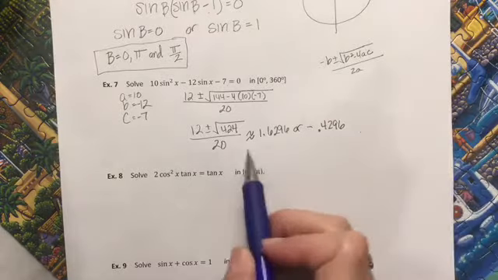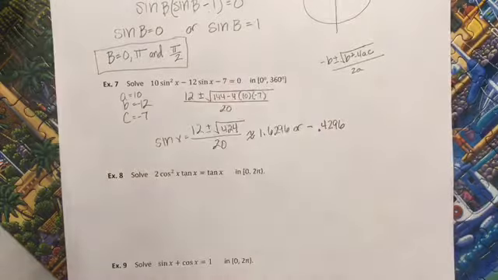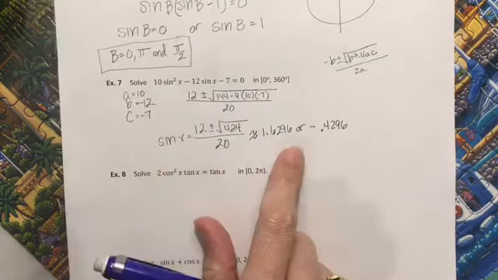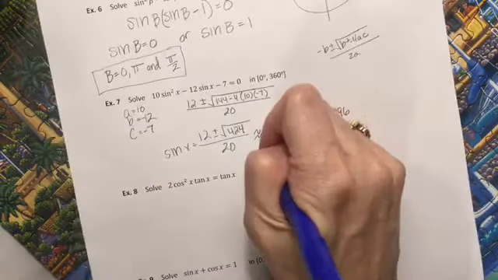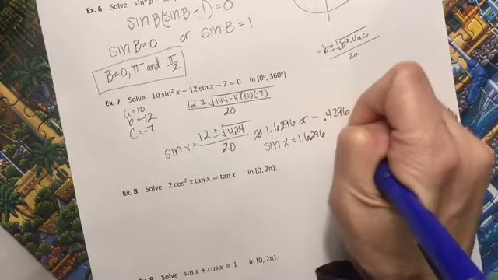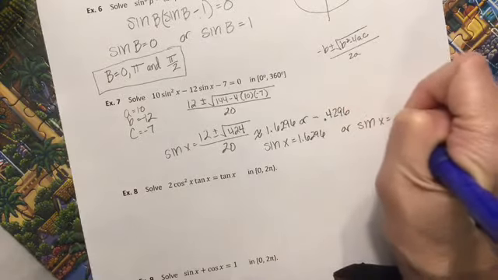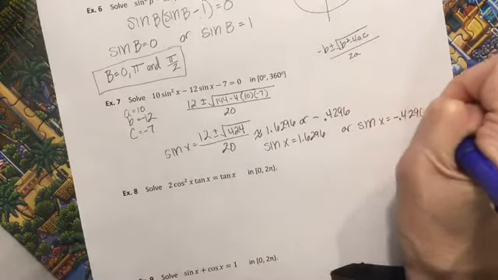So what we're saying then is this is sine x equals that. Not x, but sine of x. So sine of x equals 1.6296, and sine of x equals -0.4296.